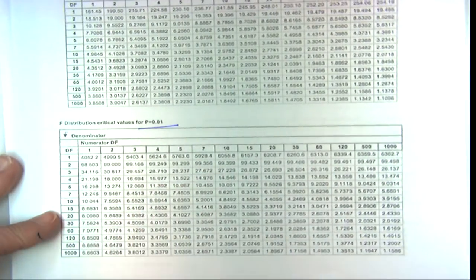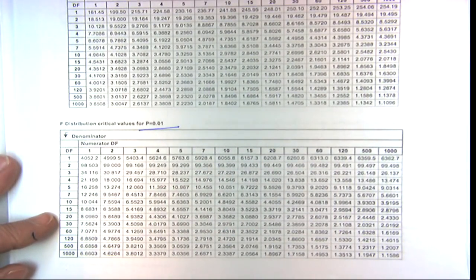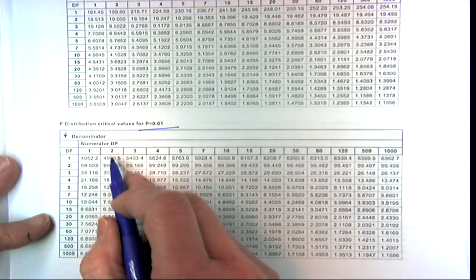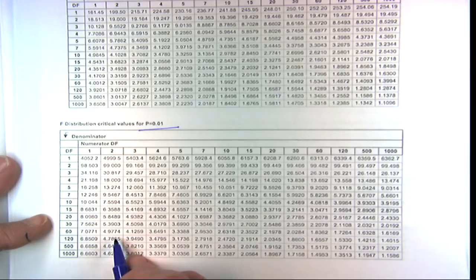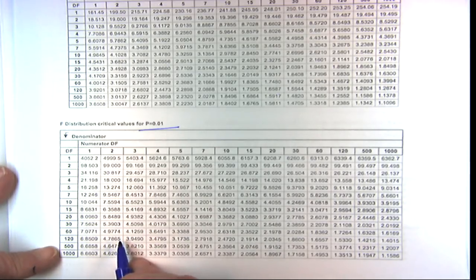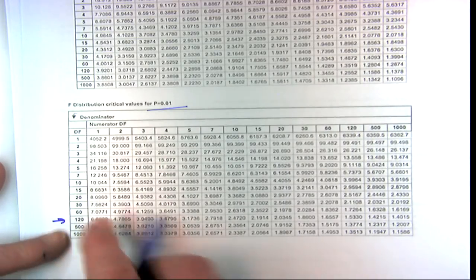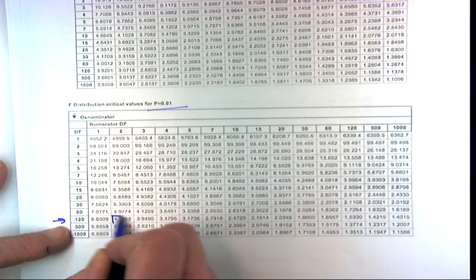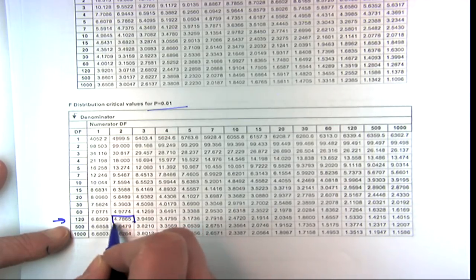So let's do that. So we go to our table, and you'll have this same one on your exam. So here's the one we want to look at. Degrees of freedom in the numerator was 2. And in the denominator, was 228. So go to the more conservative one right here, the smaller one, and this right here is what we want.